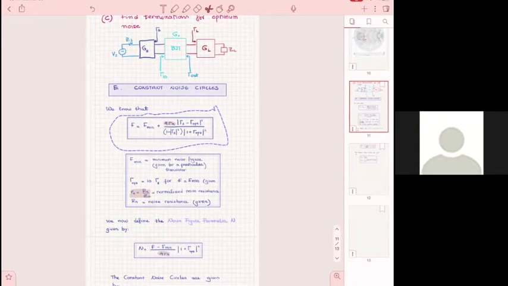Everything else is given. F minimum is given from the transistor. Gamma optimum is given from the transistor. R sub n, which is the ratio of the resistor over the reference impedance, is given. The only thing that is not given in this expression is gamma sub S.